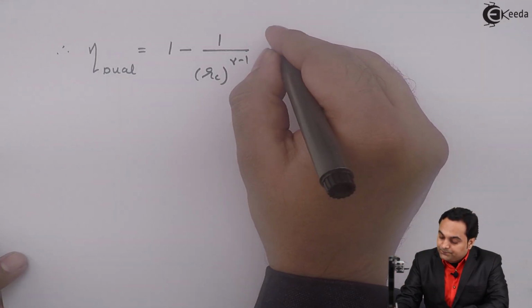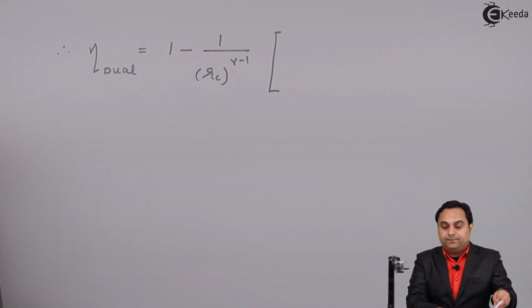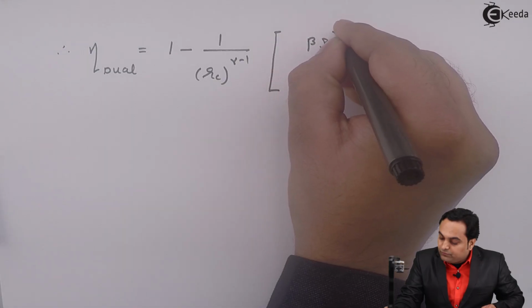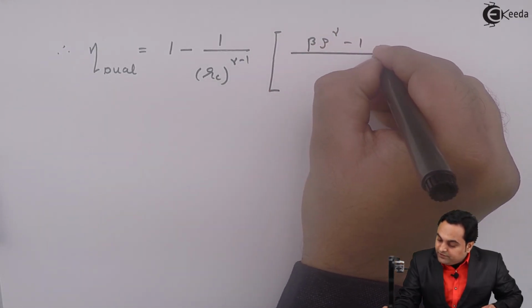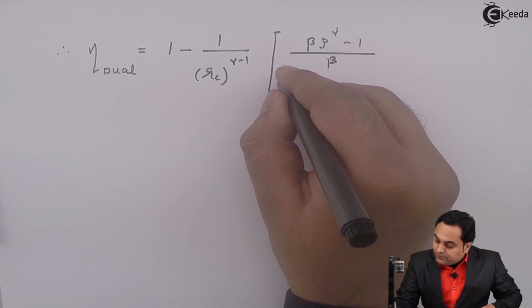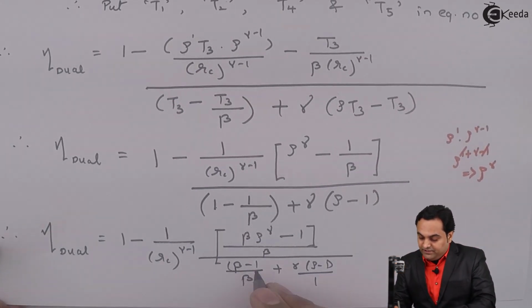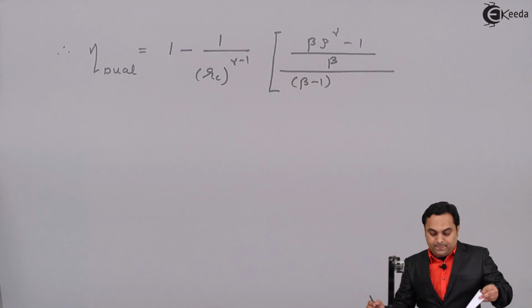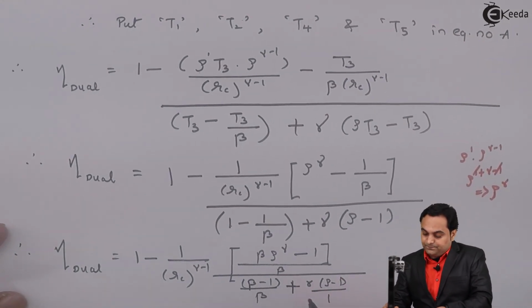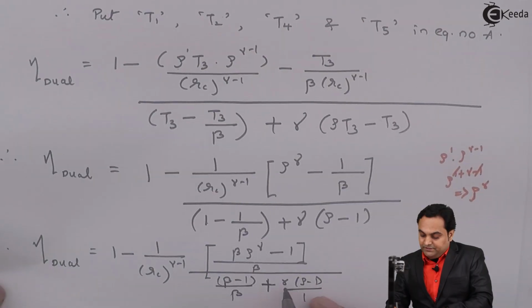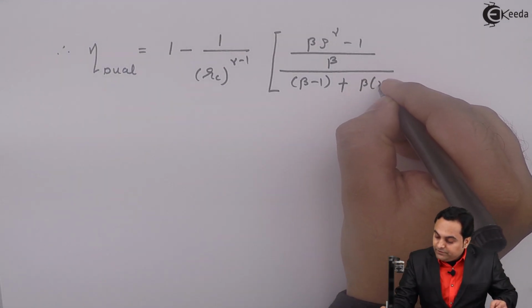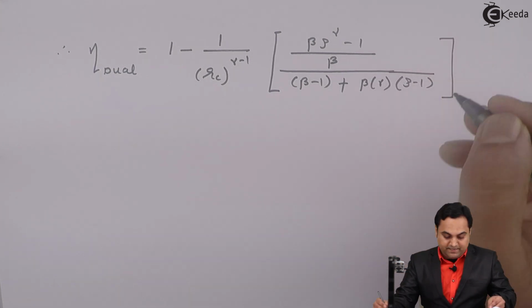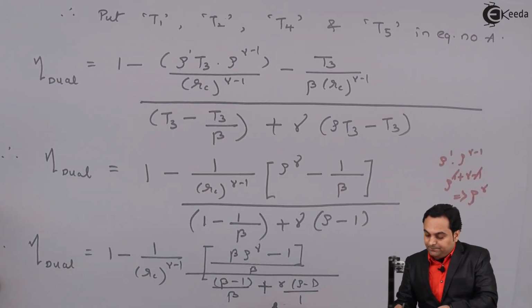Next, in the numerator we have beta into rho raised to gamma minus 1 divided by beta, and this beta minus 1 will be multiplied by 1, so that becomes beta minus 1 plus beta into gamma into rho minus 1, I am cross multiplying, divided by beta.